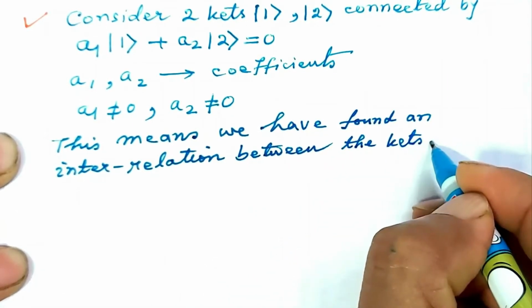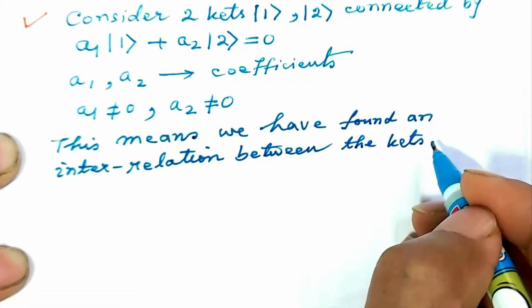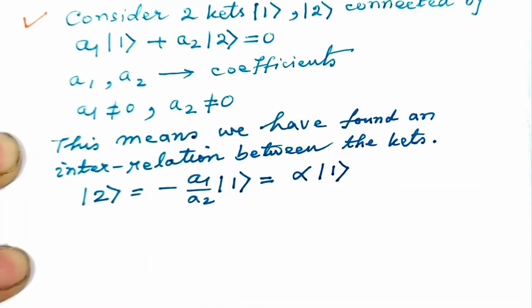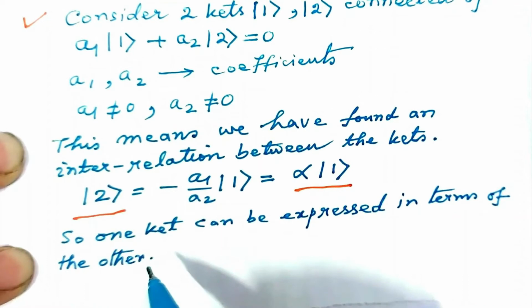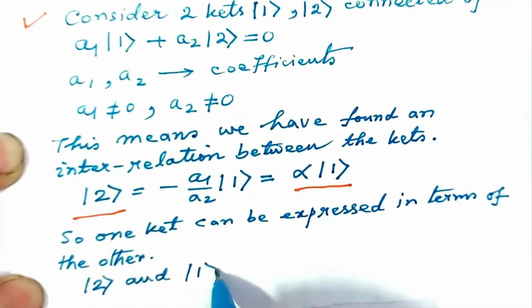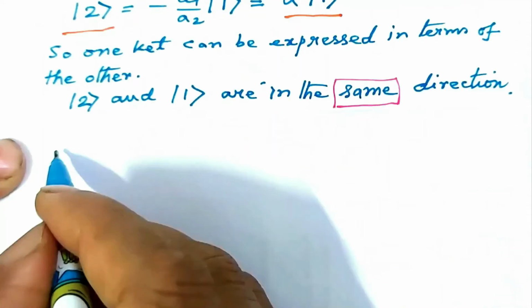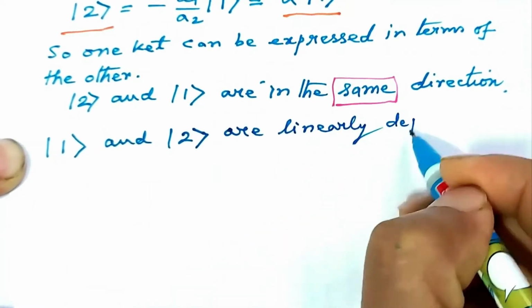Clearly, as they are linked or associated through a relation, we can express one ket, say ket2, as some constant alpha into ket1. So one ket can be expressed in terms of the other ket. It also follows that ket2 and ket1 are in the same direction, since ket2 is equal to some constant into ket1. We conclude that ket1 and ket2 are linearly dependent.